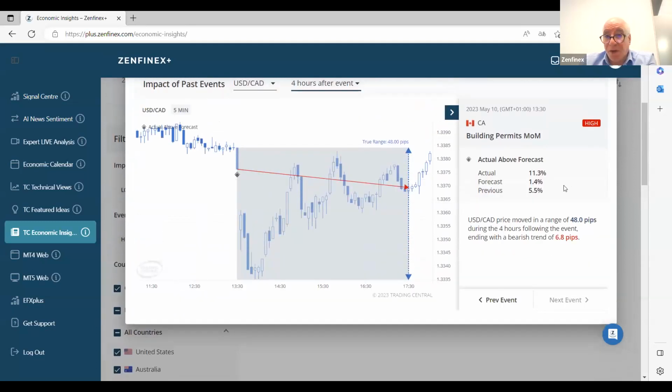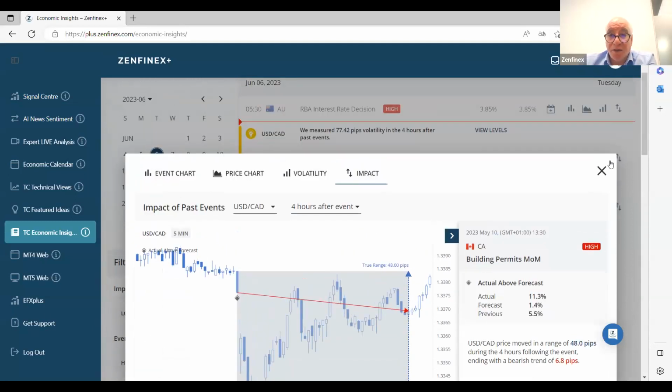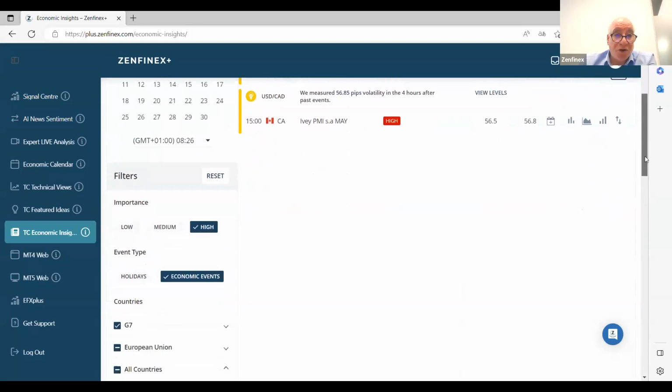That was based upon building permits being a lot higher than forecast and previous. So it looks like it didn't move the currency that much, because after 4 hours, it more or less got back to where it started. So I'm not sure if that's going to be repeated this afternoon, but there doesn't look like much going on.